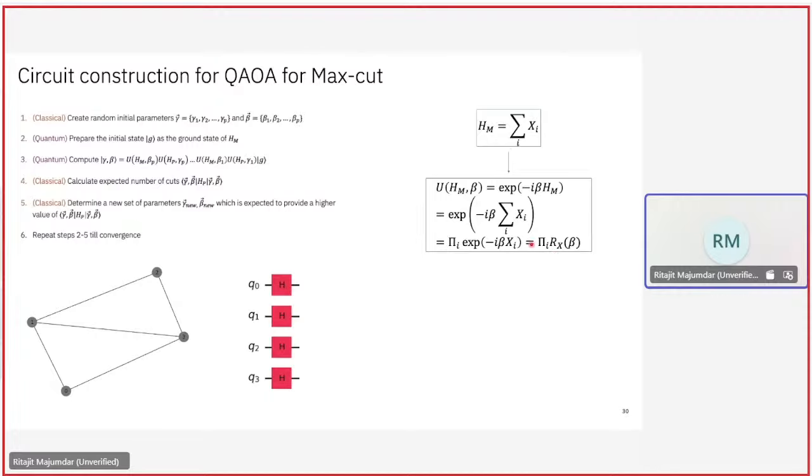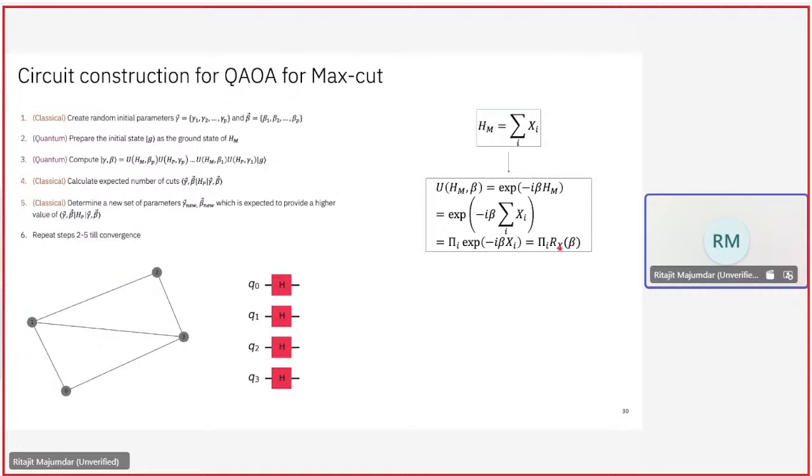Strictly speaking, the Rx gate is defined as the exponentiation of minus i beta over 2 times Xi. Those of you who are knowledgeable in quantum computing will understand, because in the density matrix, the amount of rotation is twice the size of the angle.